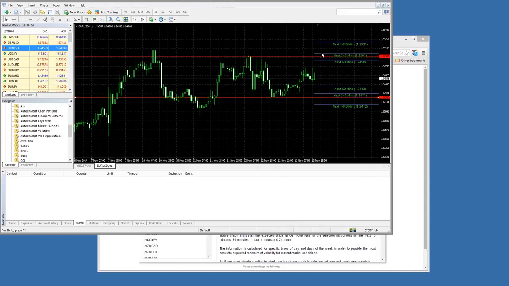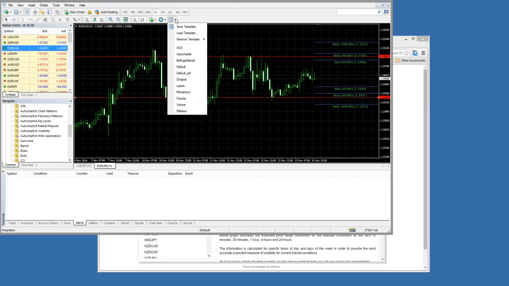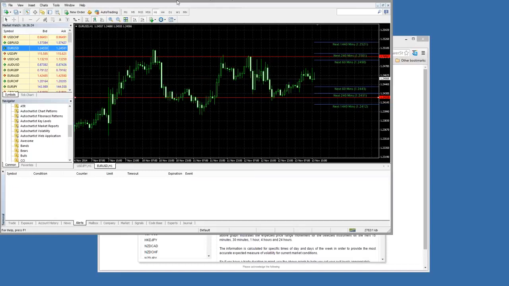Okay. Steve is asking, is there a way to keep the Autochartist from auto-loading on all the charts when I open them? Yes, most certainly. Steve, all you do is you go into the template screen that I'm showing you now. You go to remove template, and you remove one called default. If you have one on your screen, you delete that one. Here it is, default.